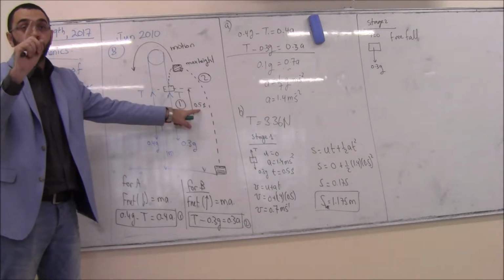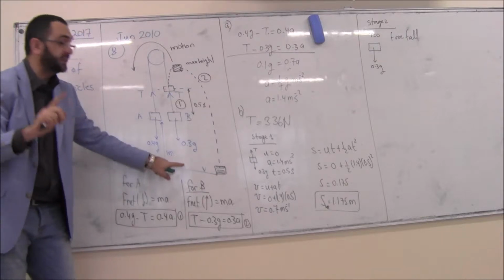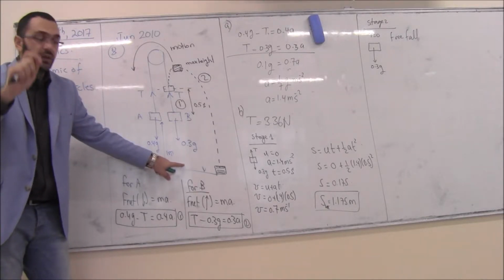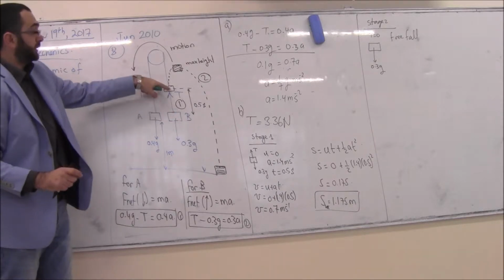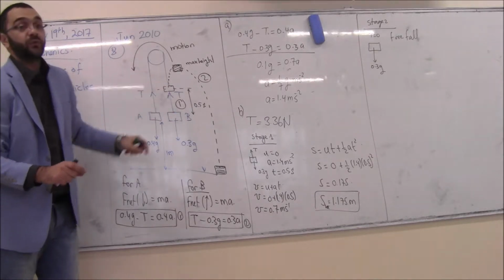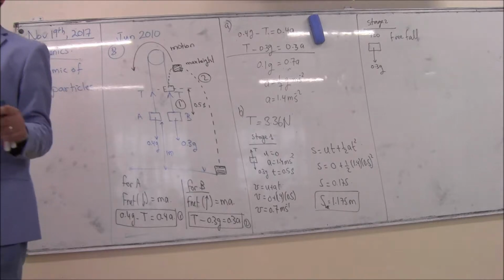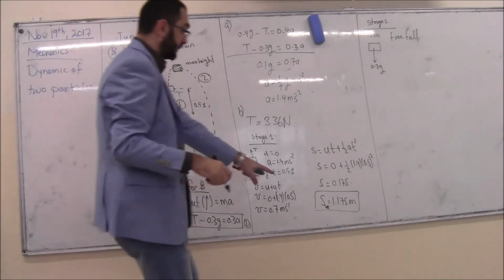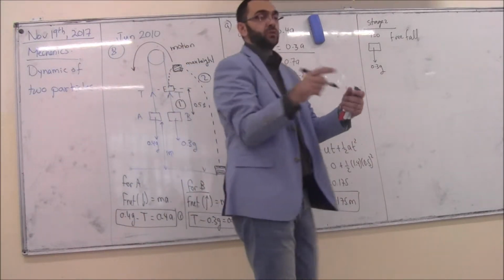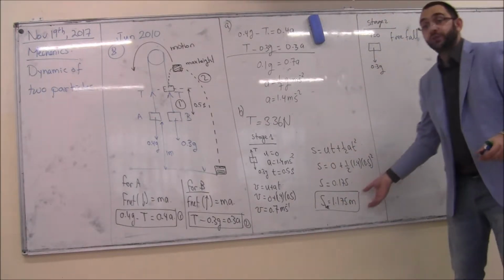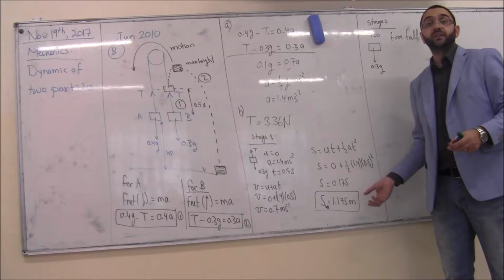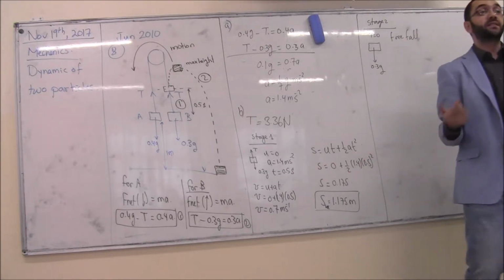Now, I'm talking about what displacement. Please, attention, girls. From here to here is what? 1 meter. From here to here, 0.175. So the total displacement from the ground in the first stage is 1.175.